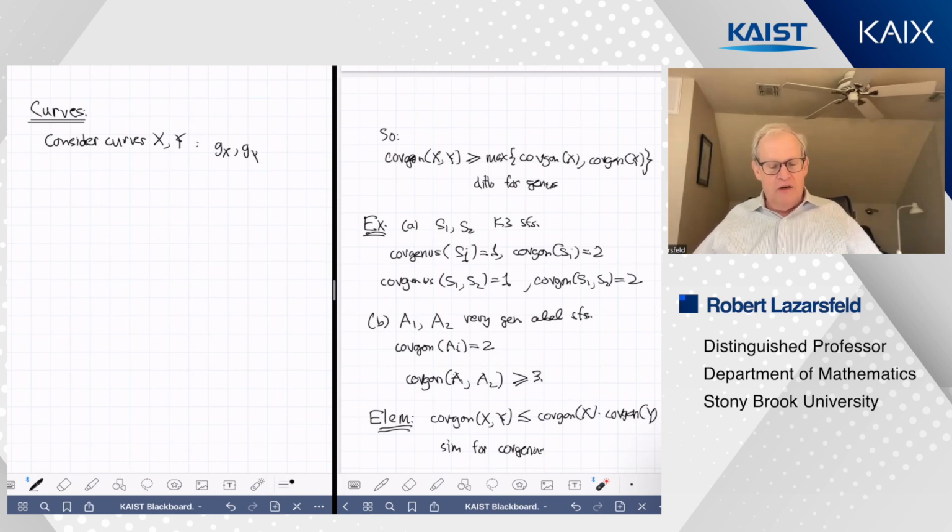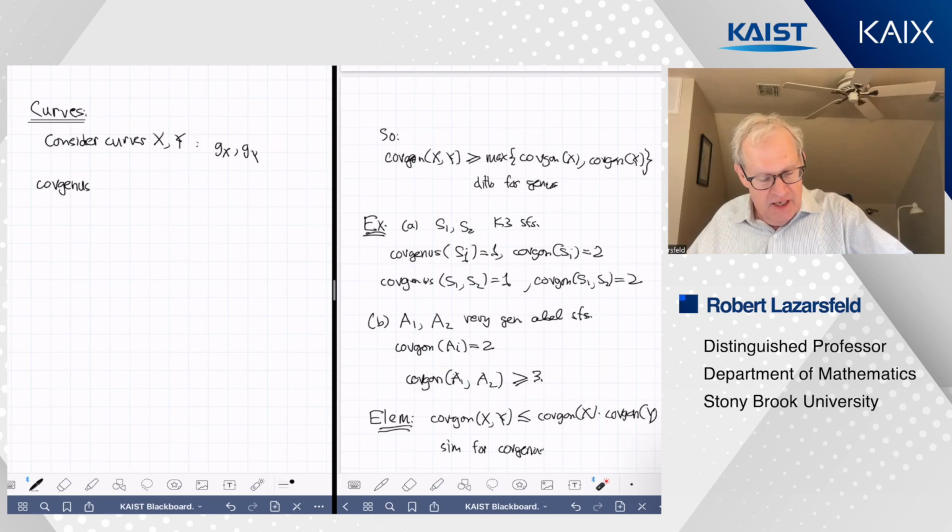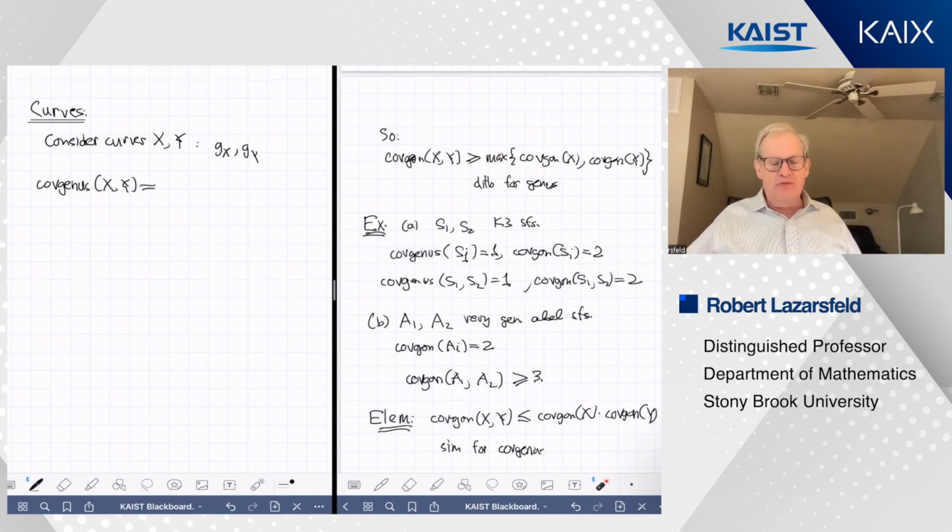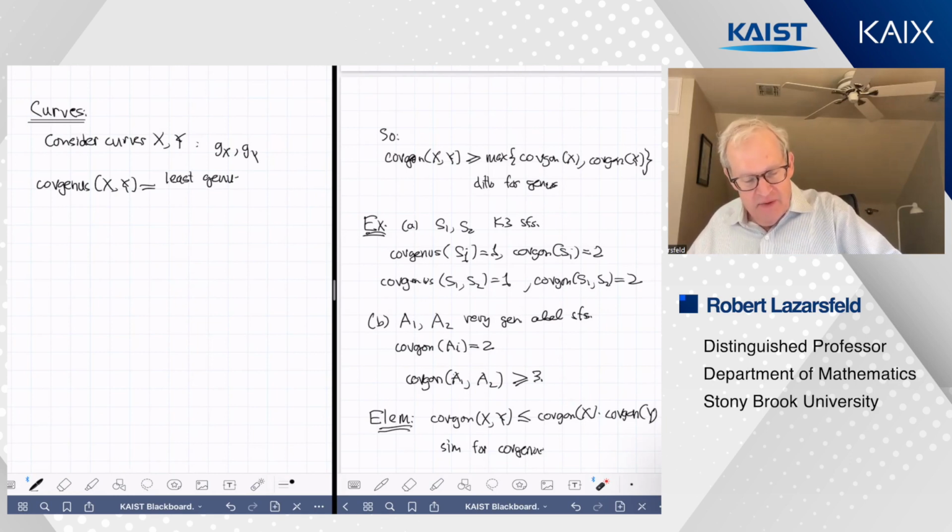So what you're looking for, the joint covering genus of X and Y: by definition, you want to find the minimum genus of a curve that covers both X and Y. So this, by definition, is the least genus of a curve that covers both X and Y. So it's a very concrete thing.